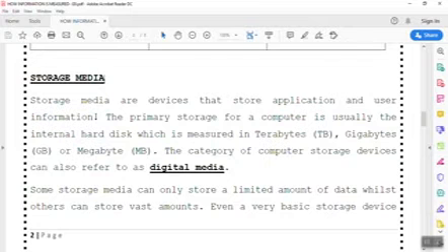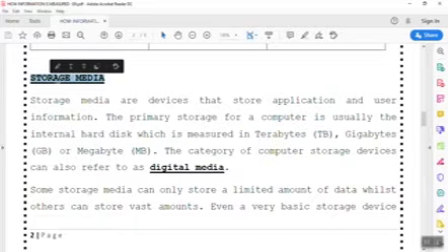Then user information are those files you create whilst using the computer. And the two are always stored on storage devices. Sometimes the storage media is also called digital media.